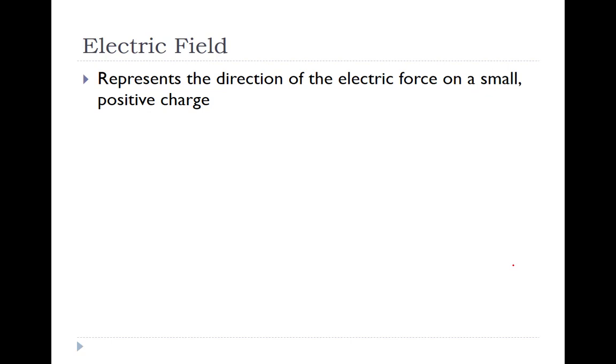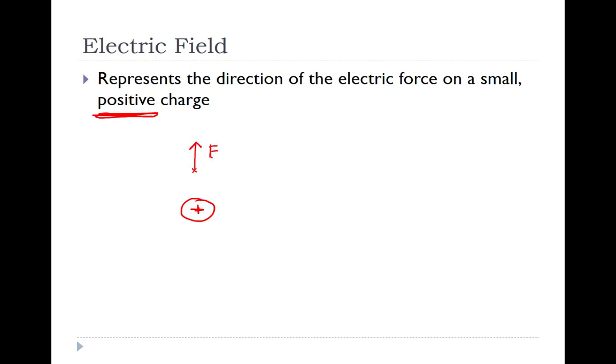So what does the electric field do? It represents the direction of the electric force on a small positive charge. It is the force on a small positive charge. So if I think about having a positive charge here, and I bring another small positive charge and stick it here, it's going to be repelled.